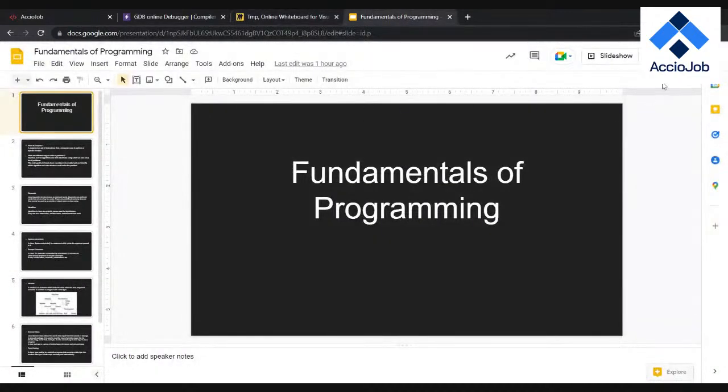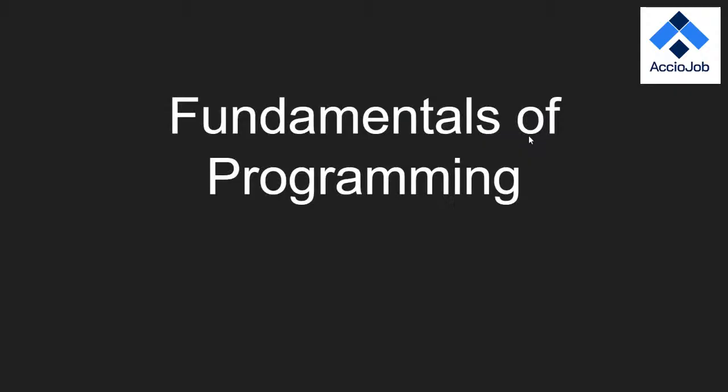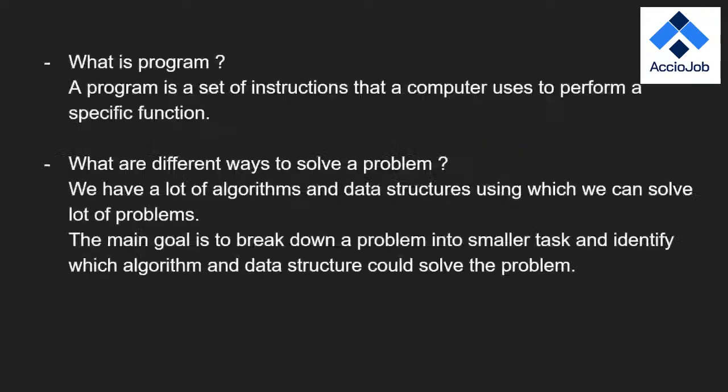So let's try to read the definition and understand it one by one. What is a program? A program is a set of instructions that a computer will use in order to perform some specific task or function. As I discussed, we want to go from one position to another, so we will write some sequence of instructions in order to go to that particular position.